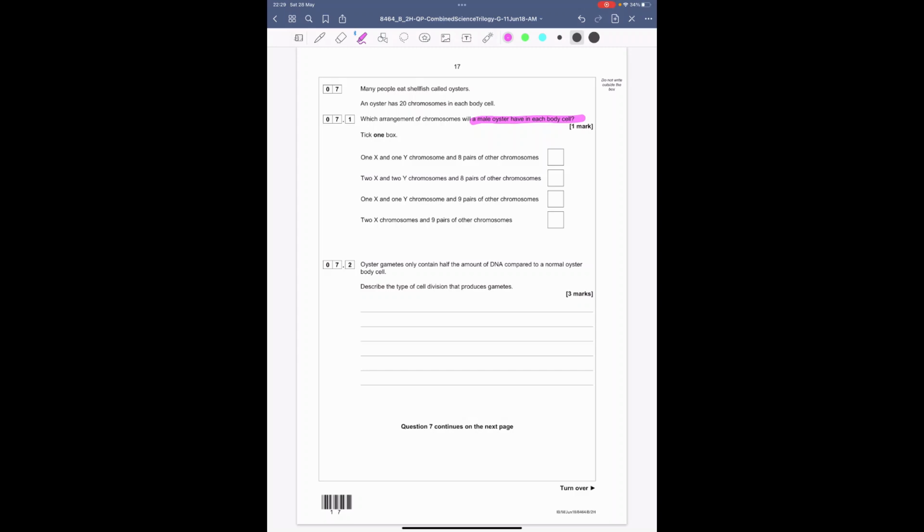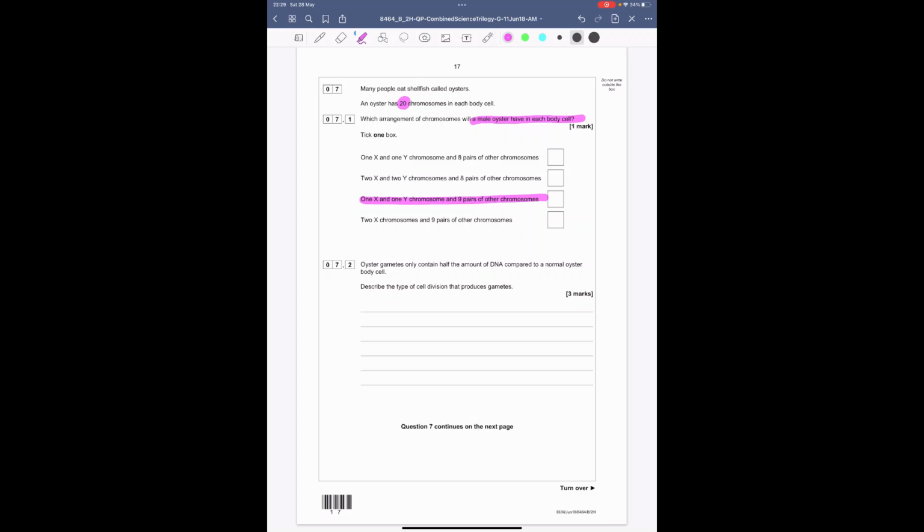So what would a male oyster have? Well, if you remember that males in humans have X and Y chromosomes, so we need to look for that. Okay, so they would have one X and one Y chromosome and 9 pairs of others, because they've got to then add up to 20.